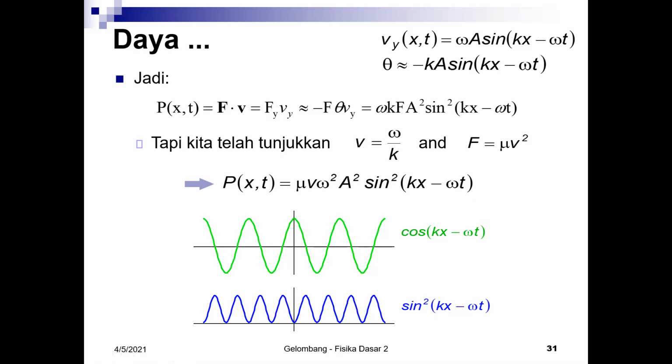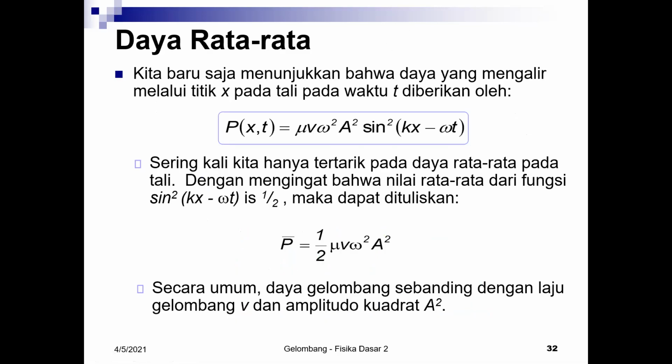Because this depends also on the position and the time, we have to choose x. Usually we choose x equals 0, and then we average the power with respect to time over one period. The average of sin squared is a half.